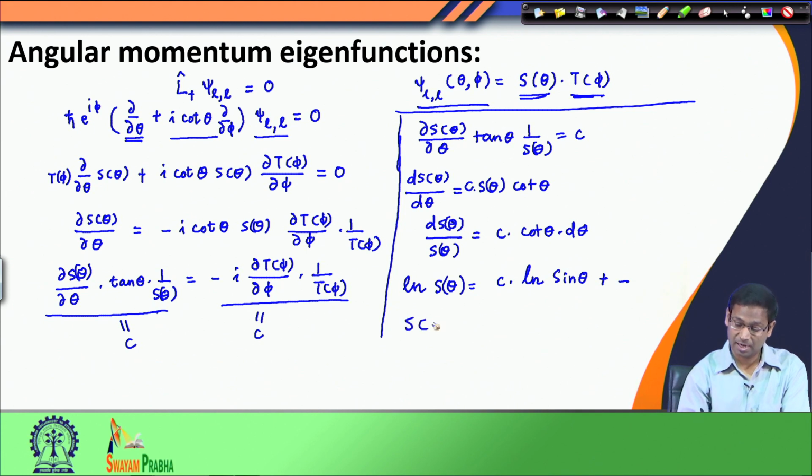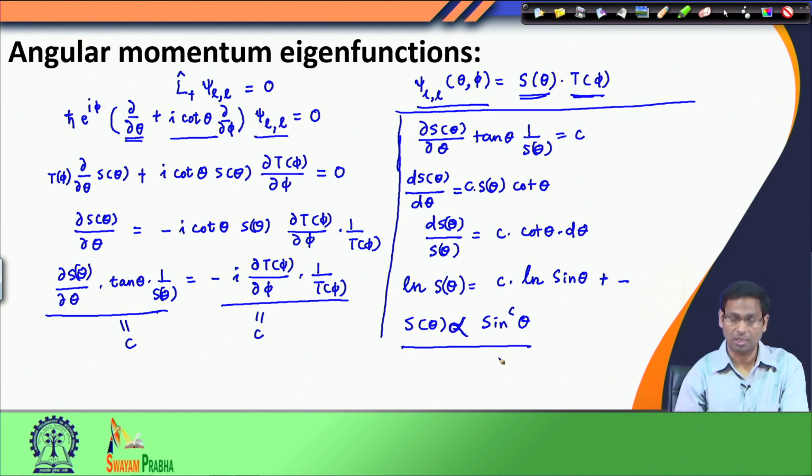If I take care of the natural logarithm on both sides, I have sin to the power c theta multiplied by some constant. So, instead of writing this equality, I am writing a proportionality, because there is some constant of integration coming. So, I have s of theta, which is rather simple, as sin to the power c theta.